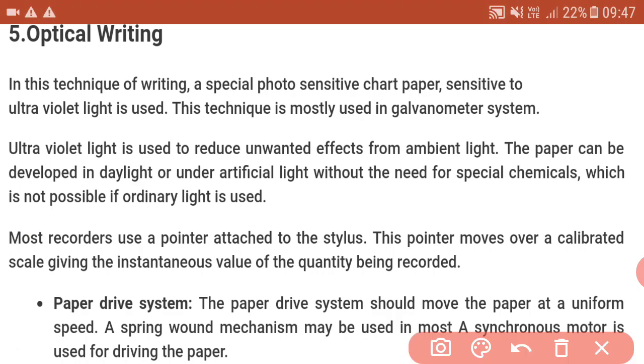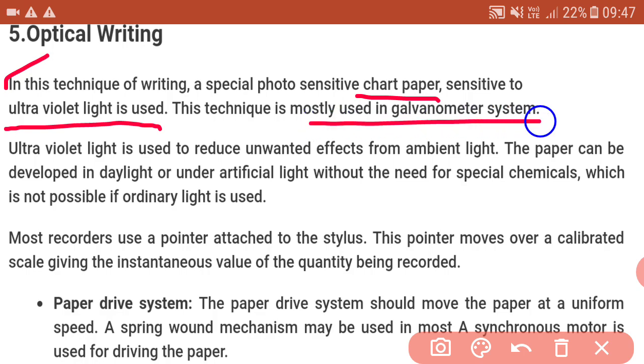Another one is optical writing. In this technique of writing, a special photosensitive chart paper sensitive to ultraviolet light is used, and this technique is mostly used in the galvanometer system.